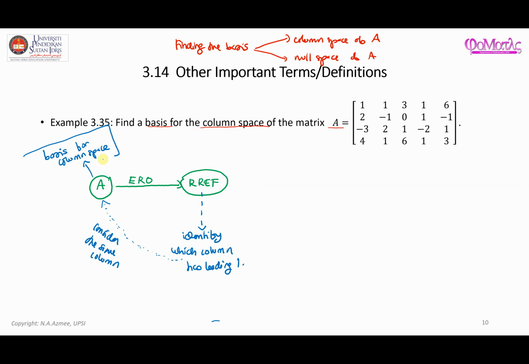That's how you can find the basis for the column space.